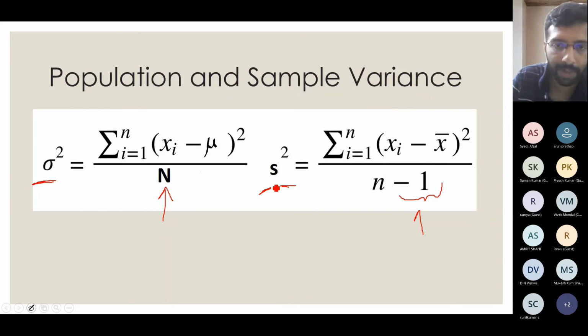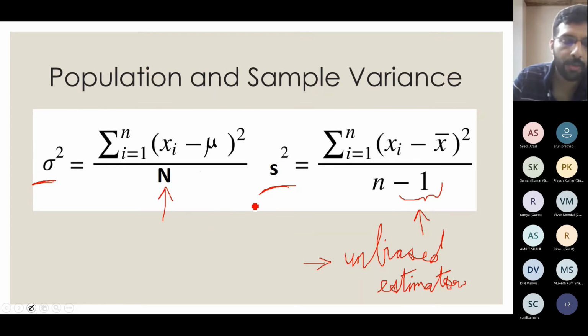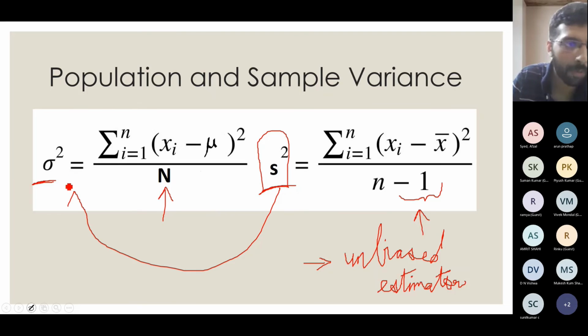Why we subtract 1 here is outside the scope of our discussion, as it is a slightly mathematically involved proof. If you are interested, you can go through that. It is basically what is called an unbiased estimate. Sample variance is basically an estimate for my population variance, right?